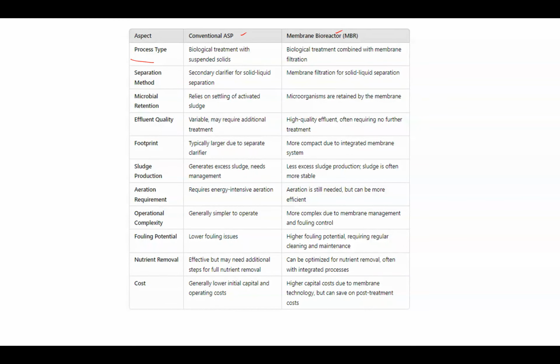First, process type: conventional activated sludge process is biological treatment with suspended solids. But in membrane bioreactor, we are integrating the membrane with the reactor for filtration. You can see the separation method: secondary clarifier for solid-liquid separation, here membrane filtration.